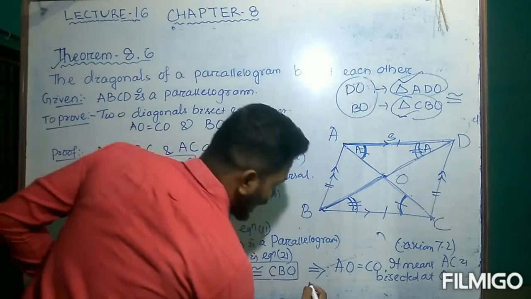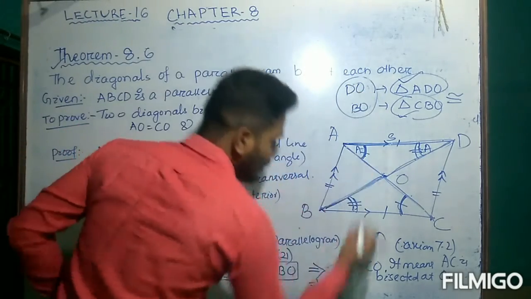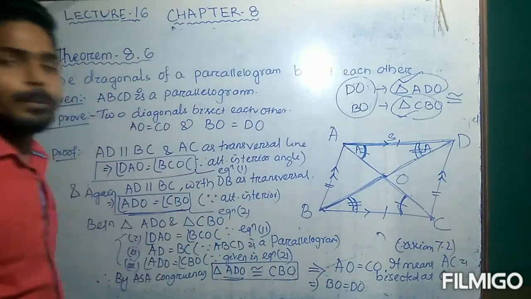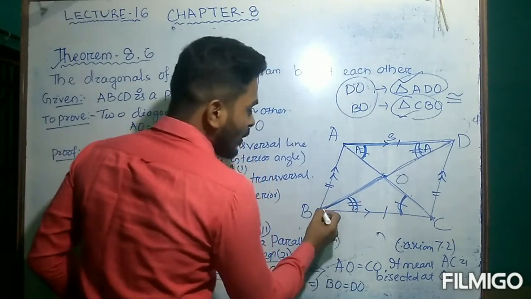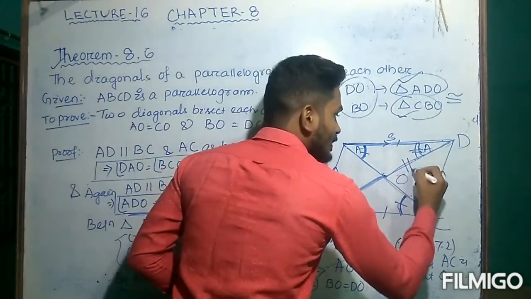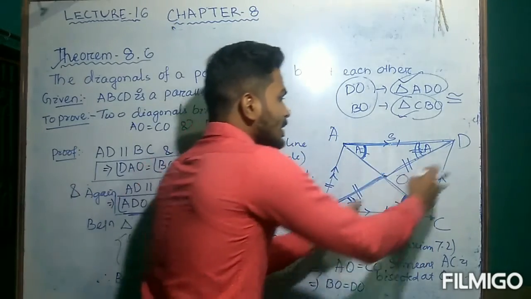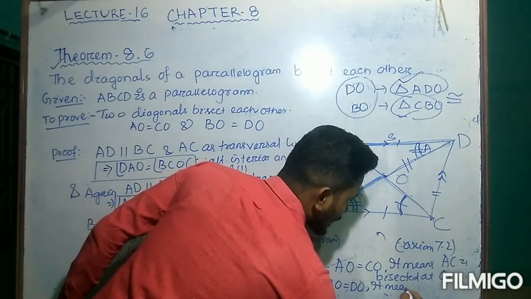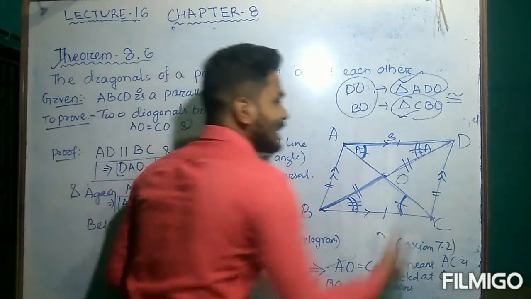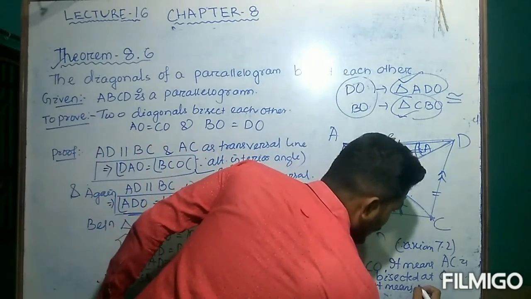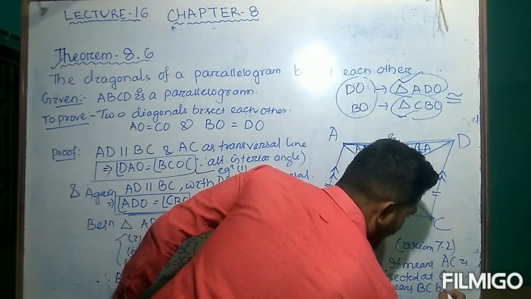So here also you can write BO is equal to DO, because they are corresponding sides. So this half is equal to this half. It means BD is bisected at the point of intersection, at O.